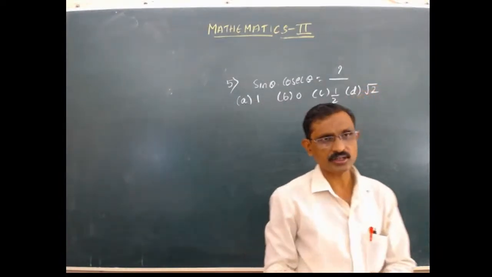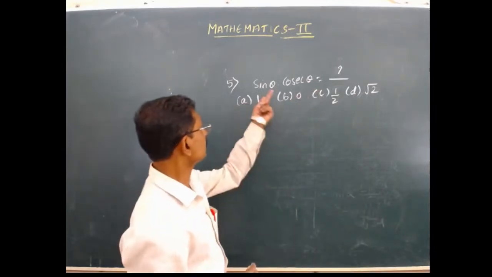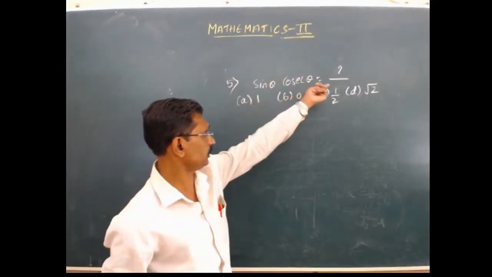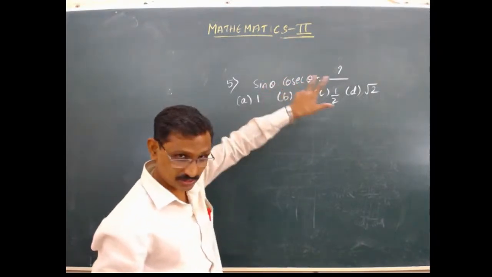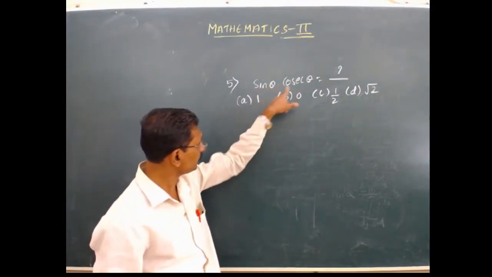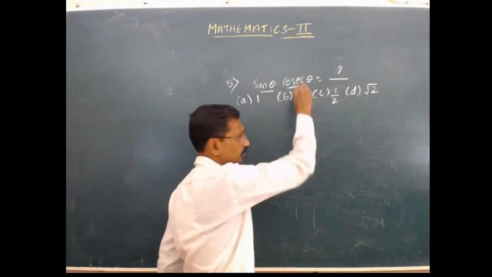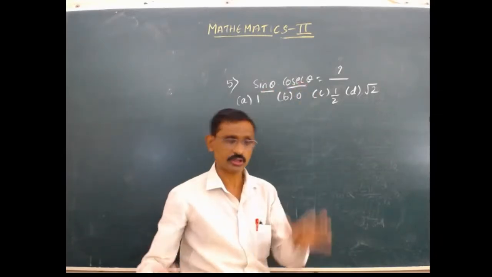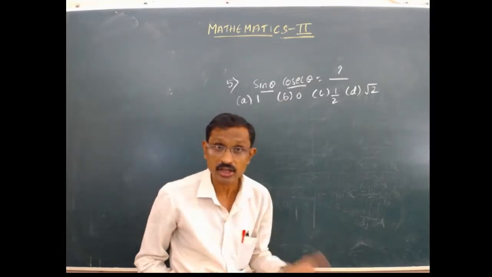As I said, first look at the question. Sin theta into cosec theta is equal to how much? Try to find out. Previously we had solved one MCQ from this. Is there any relation? Because trigonometric ratios and trigonometric identities are all based on certain relations.